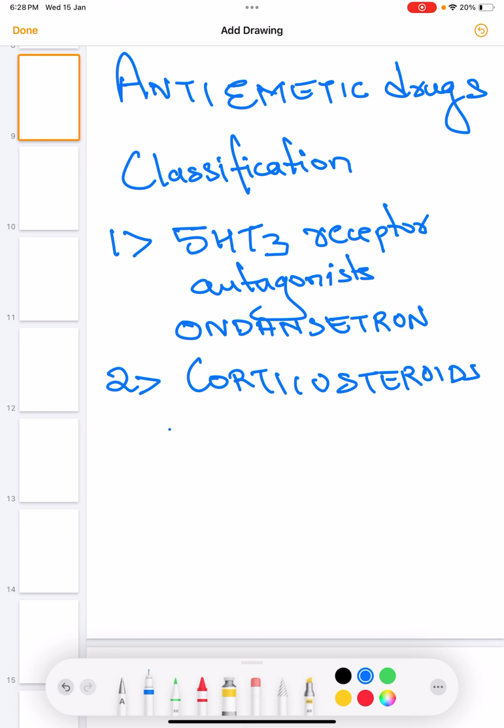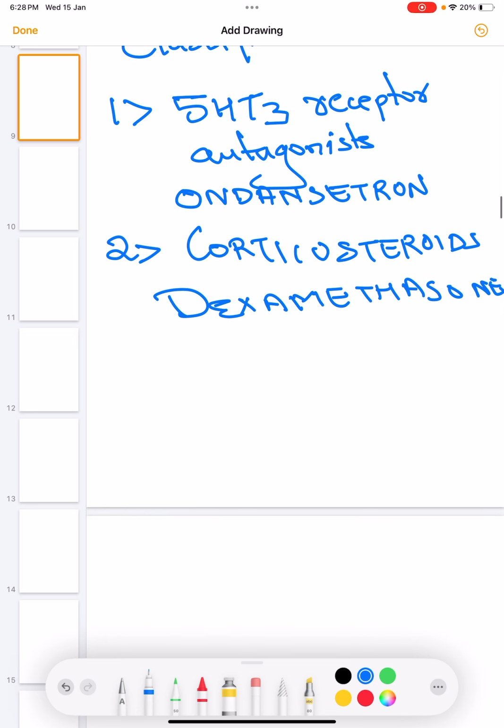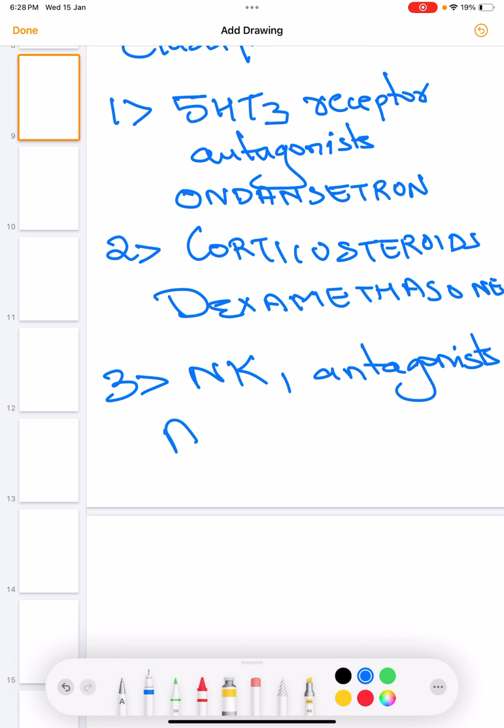One example is dexamethasone. The third class of drugs is NK1 receptor antagonist. Example is aprepitant. So these drugs end with the word pitant.